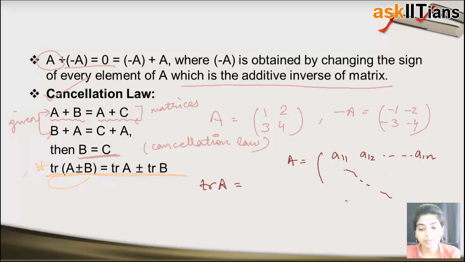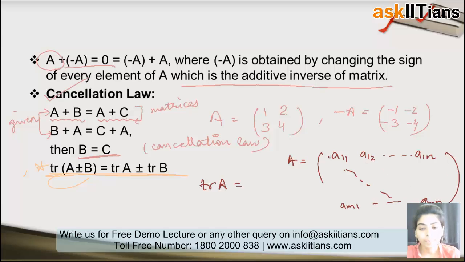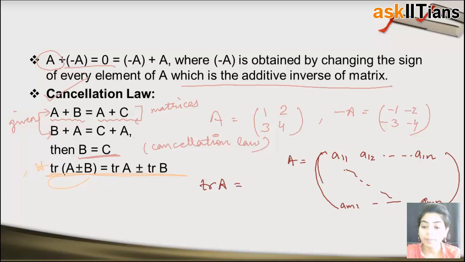Similarly, this is AM1, AM2, AMN. This is an M cross N matrix, M rows and N columns. Then what is its trace? The trace is the sum of the diagonal elements. That is A11 plus A22 plus so on up to ANN. Right? So trace is the sum of the diagonal elements.